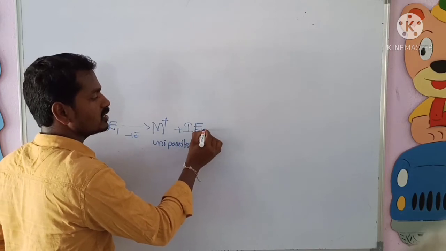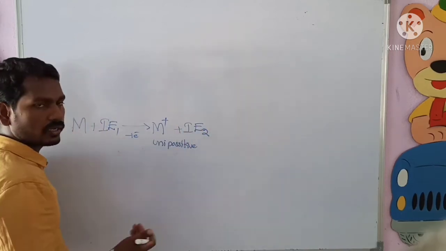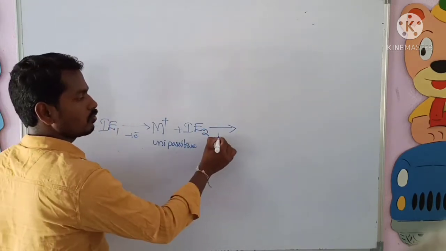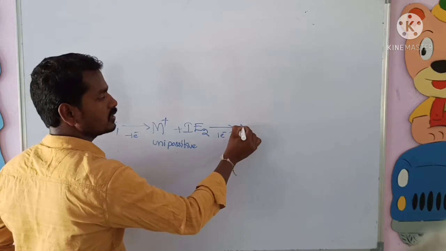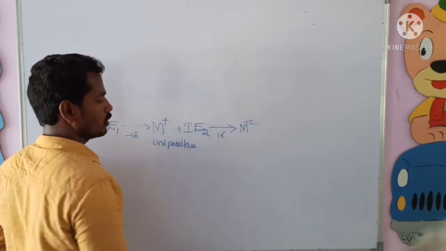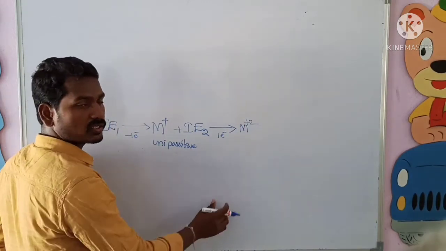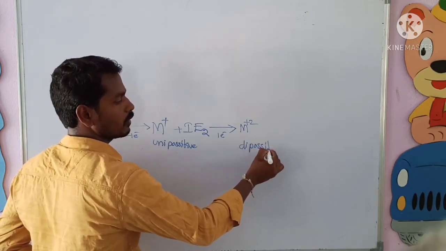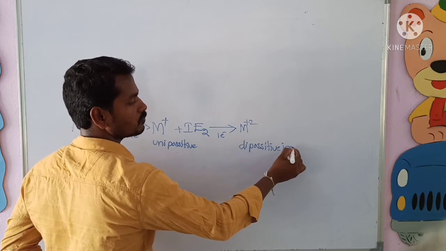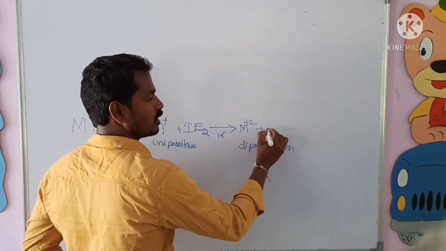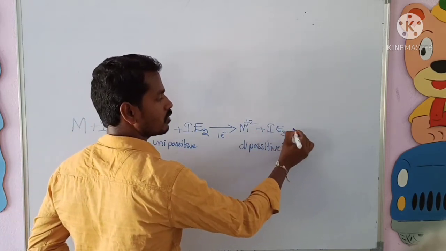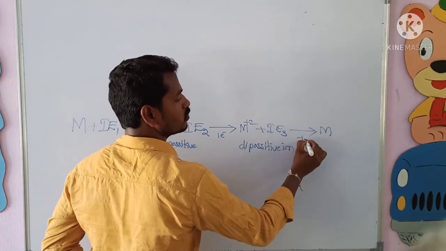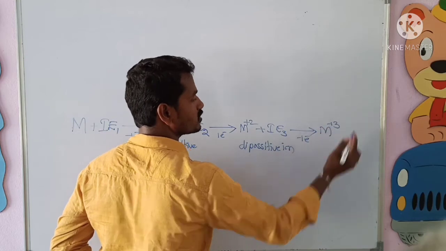Applying energy the second time is called the second ionization energy. By losing one electron, it becomes M plus 2, known as the dipositive ion. Then you apply the third ionization energy, and by losing one more electron it becomes M plus 3.